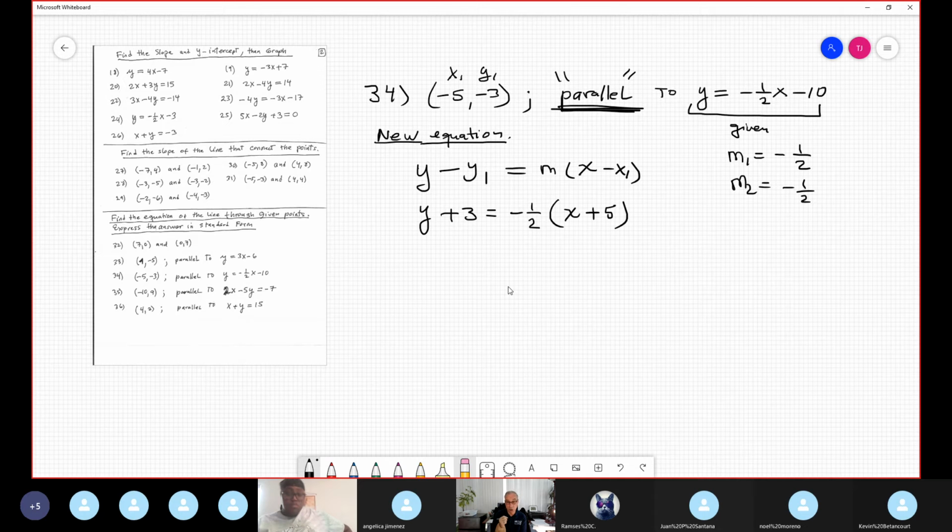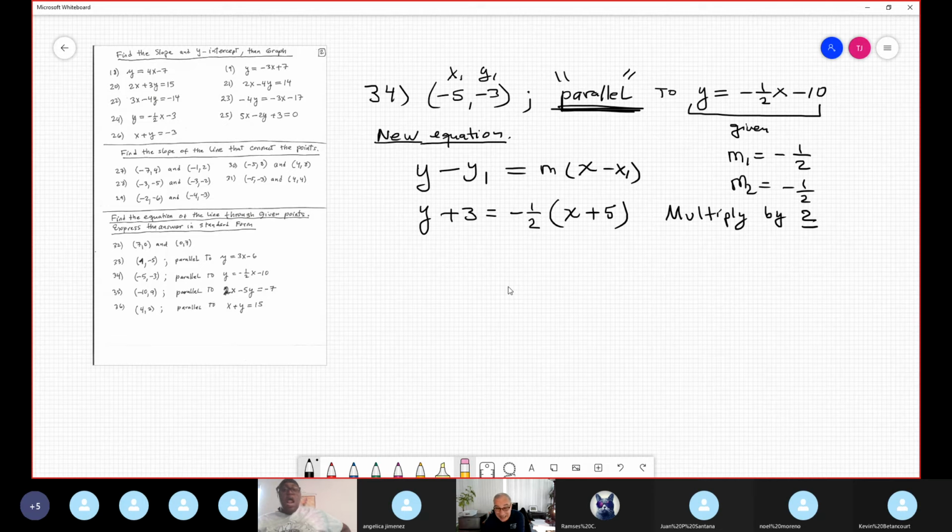What should I do now? Distribute it? No. We can, but to avoid the manipulation of the fraction, which gets a little bit confusing and complicated, I highly recommend multiplying the entire equation by 2. Why 2? Because 2 is the number that we have in the denominator. Another example is 3 or 4, you multiply by 3 or by 4.